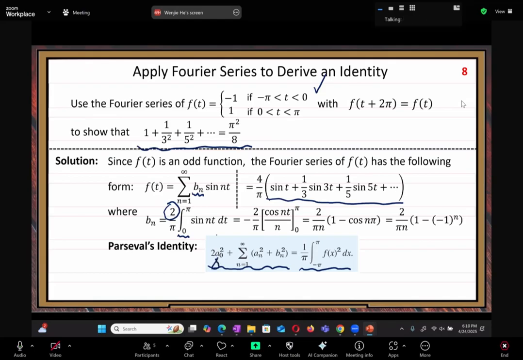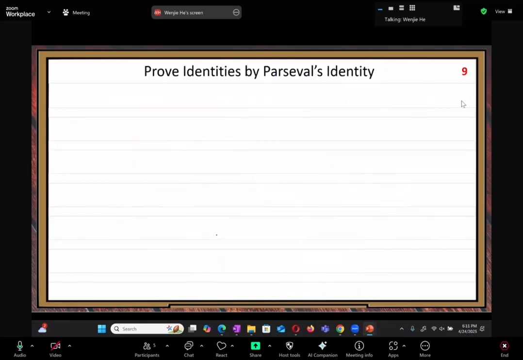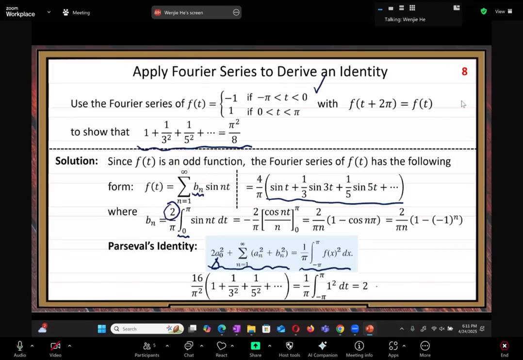All the a coefficients are 0, so you only take the summation of the squares of the b coefficients. After simplification, you get this identity.